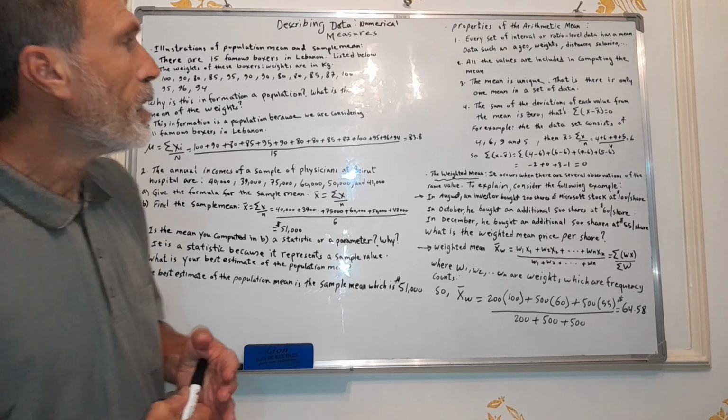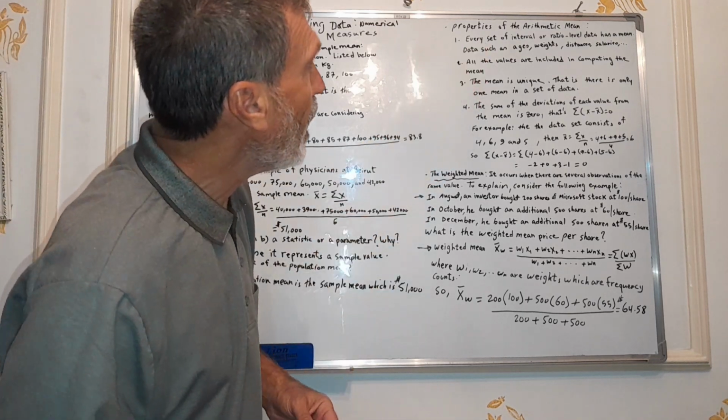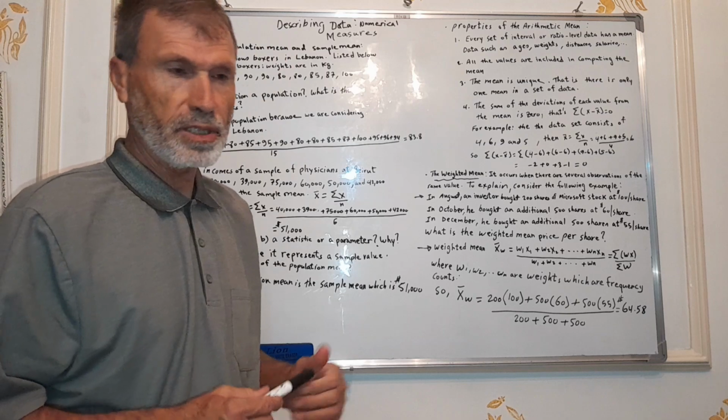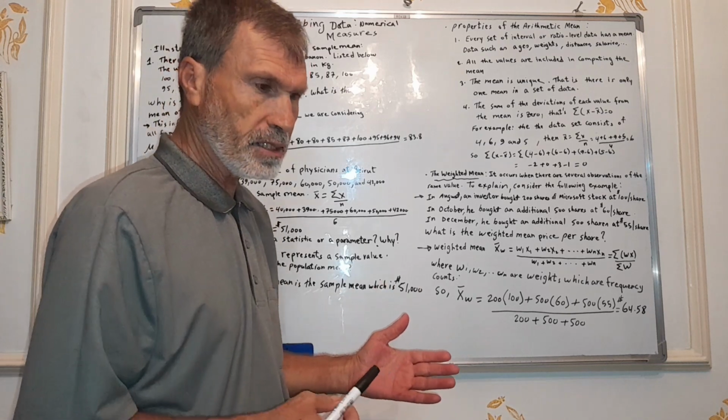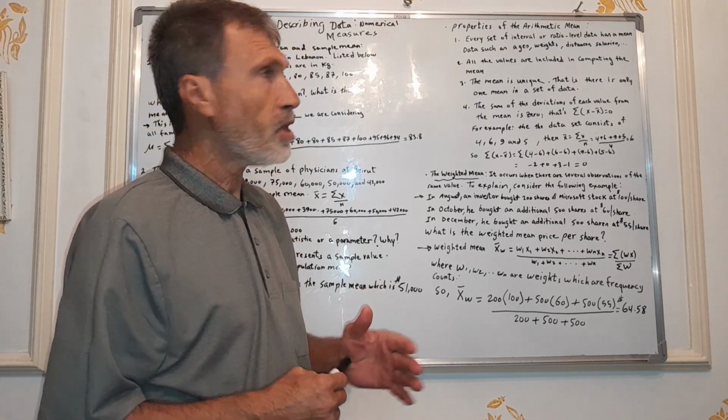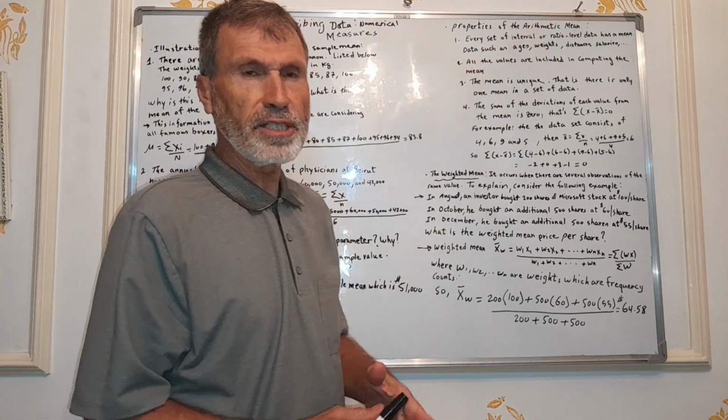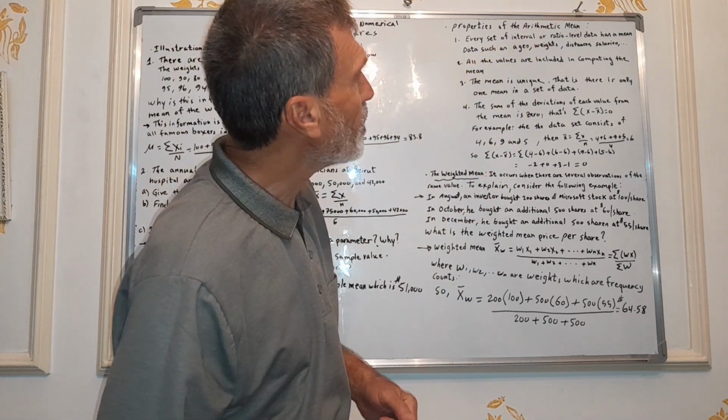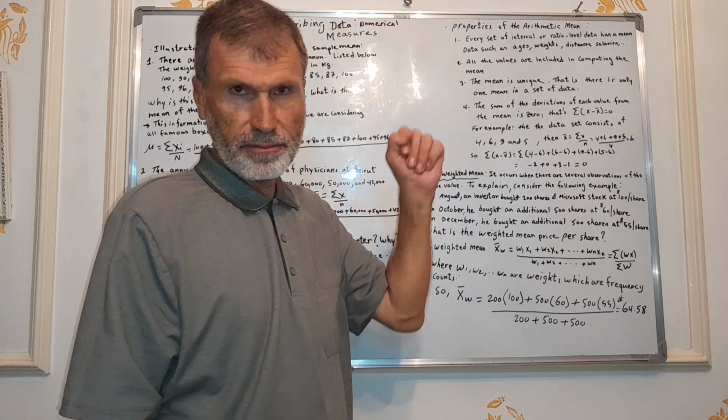Now, properties of the arithmetic mean, whether it is the population mean or the sample mean. Of course, every set of interval or ratio level data has a mean.